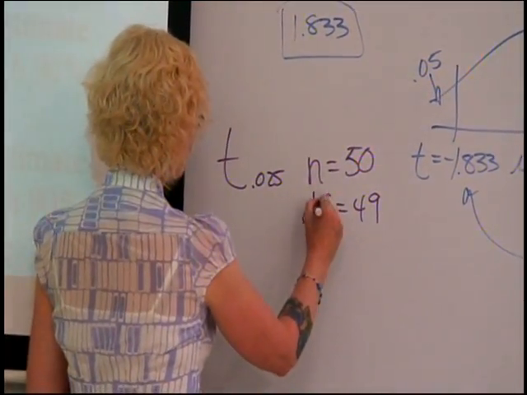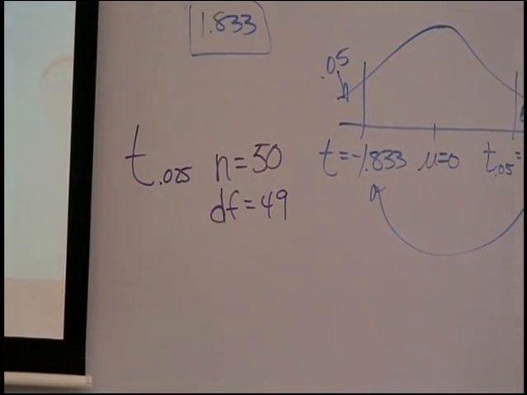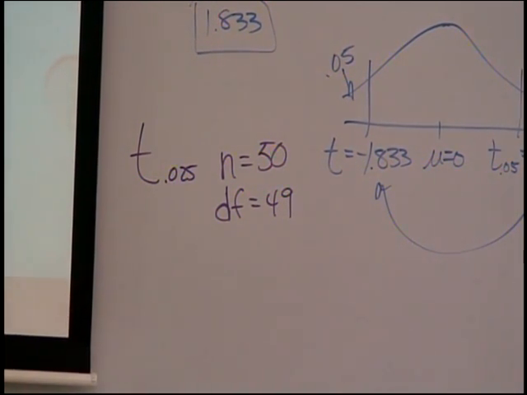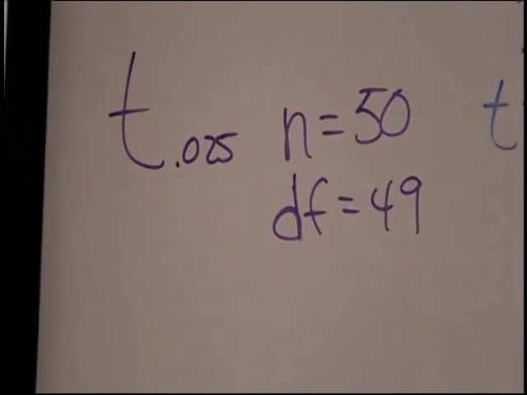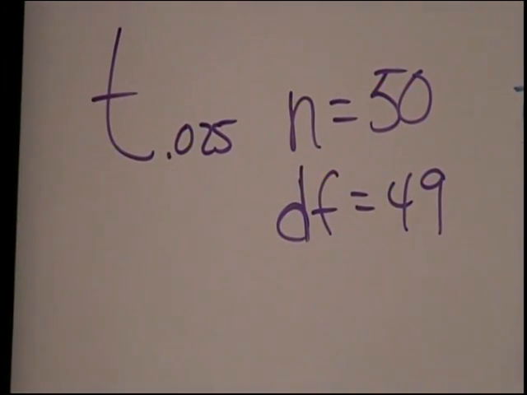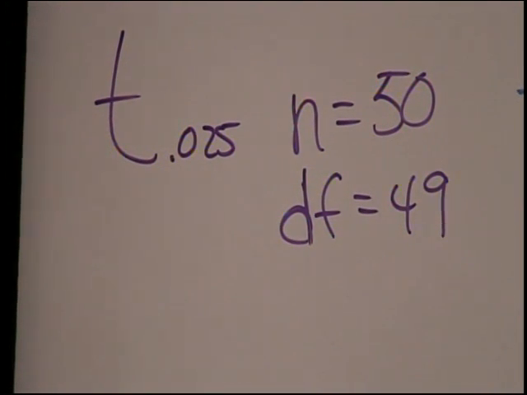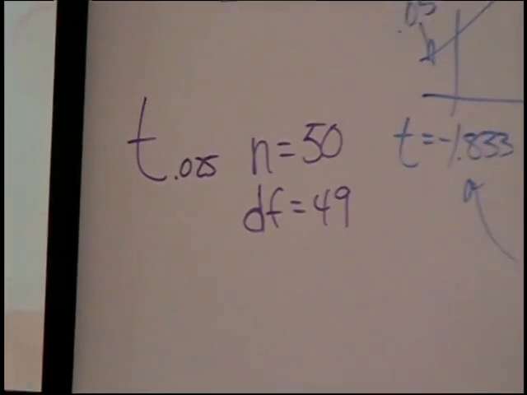It's customary to write that as DF. Do you have 49 on your table? No. So you just use the closest, 50, and that's okay. You go to 0.025 across the top, the 6th column, and then down to 50 degrees of freedom, and that value is 2.009.